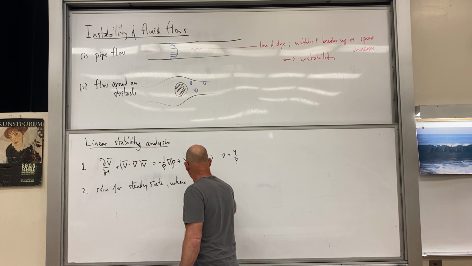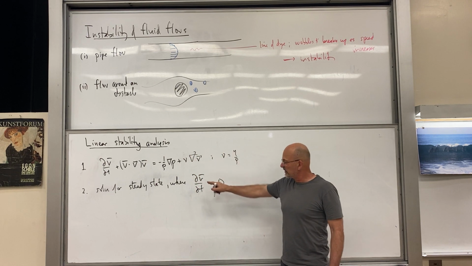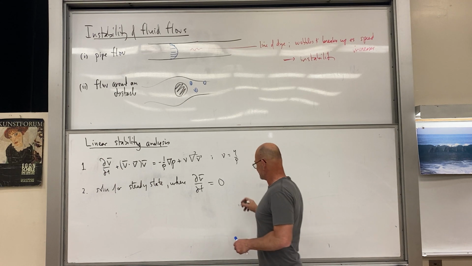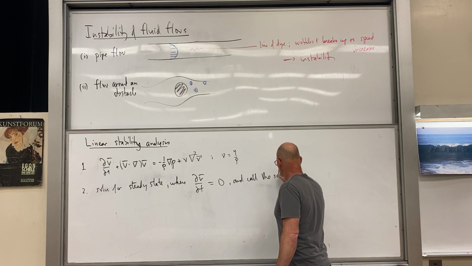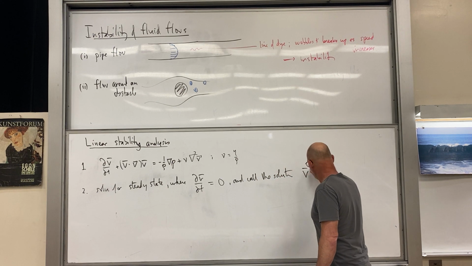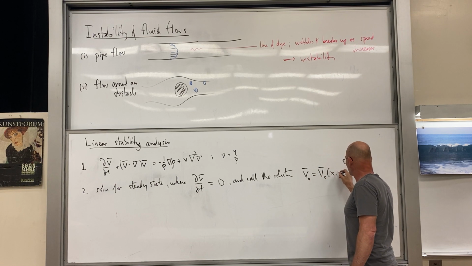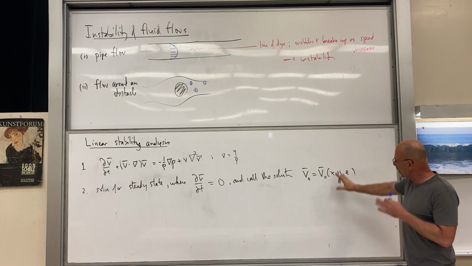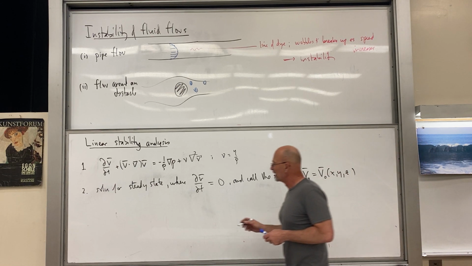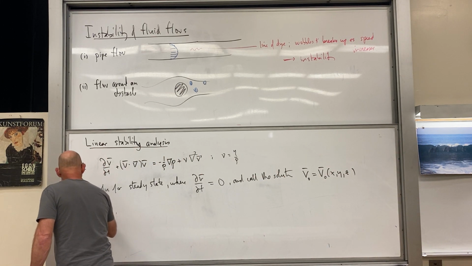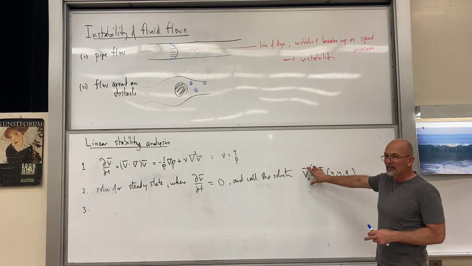To solve for a steady state, which is to say you have a steady flow, so that first term is 0, and you call the solution V equals V0 of x, y, z. So the solution is not a function explicitly of time, right? And then what you want to do is expand around there. So what we want to do is find a perturbation.